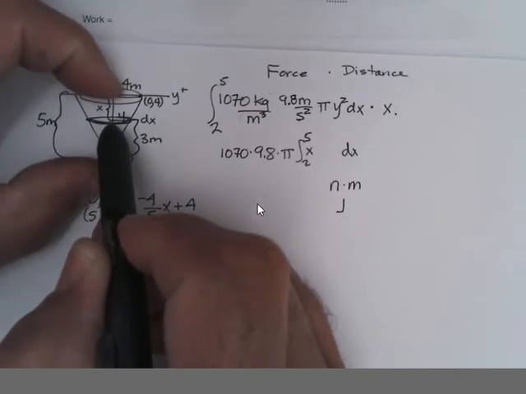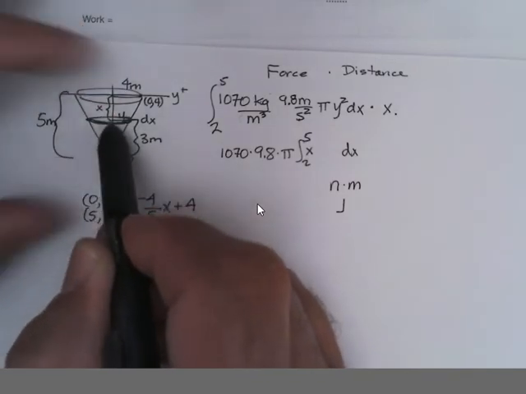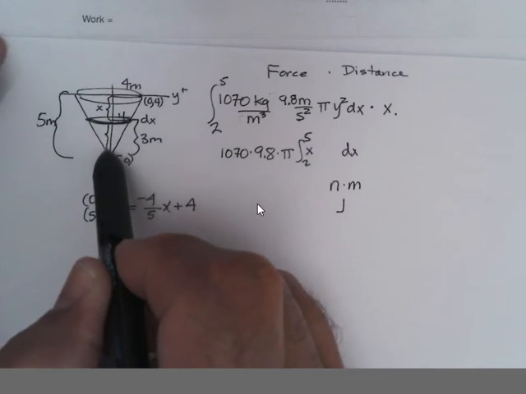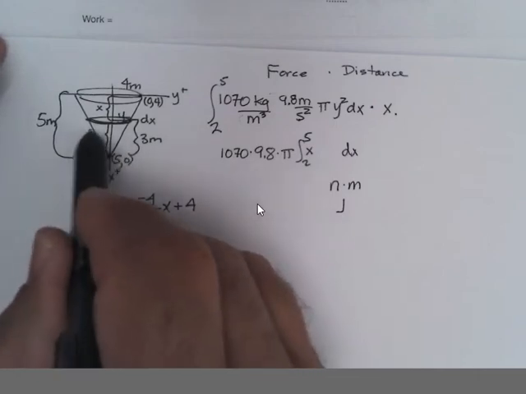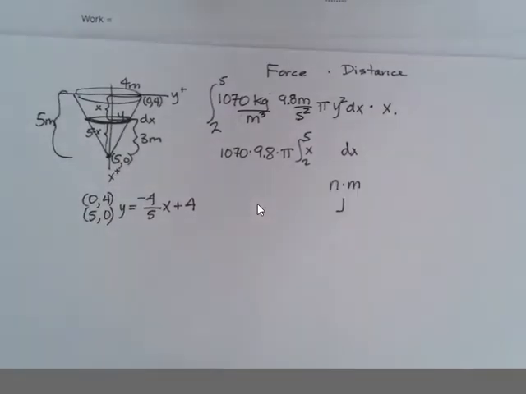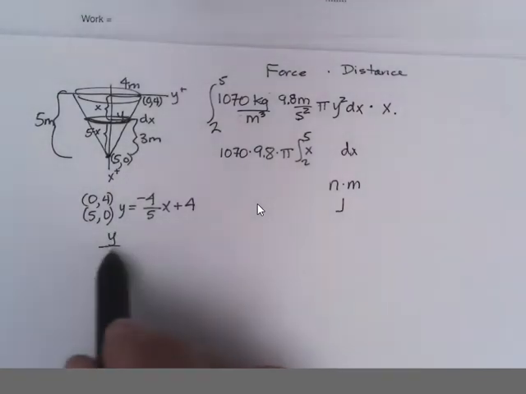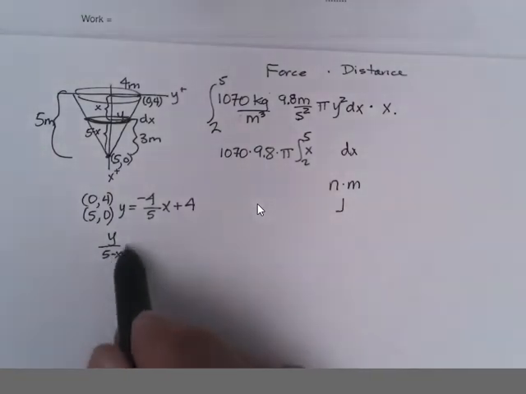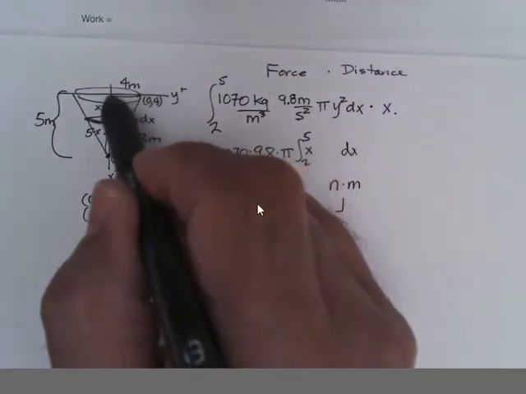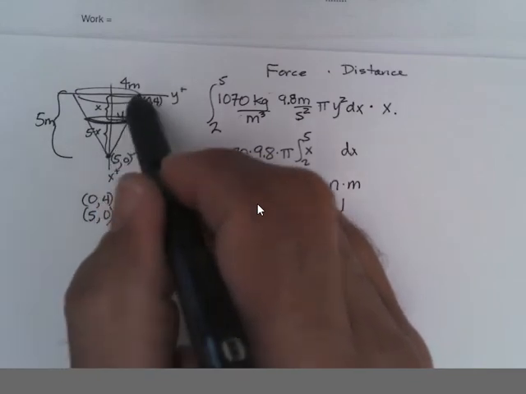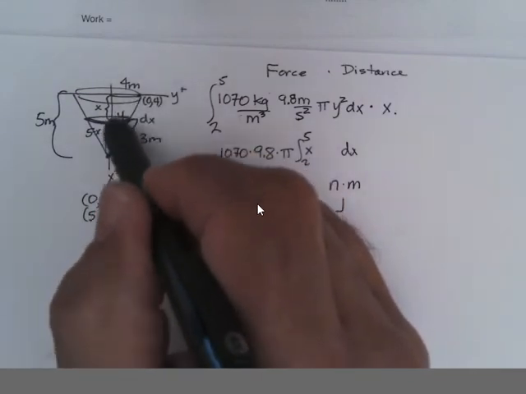This whole length is 5, and that's x, so this piece would be 5 minus x. So we could set up the ratio y to 5 minus x equals 4 to 5 on this triangle that's similar to this one.